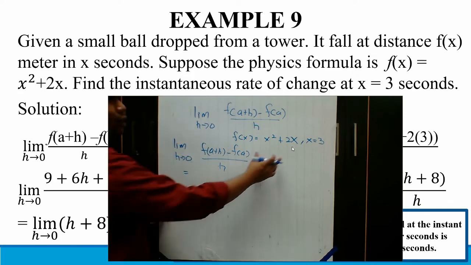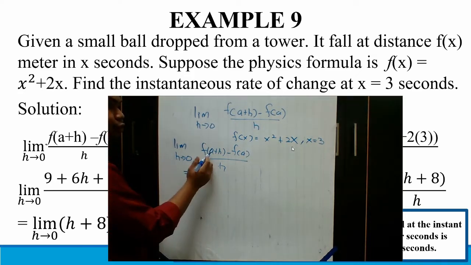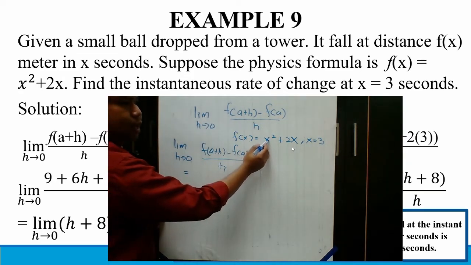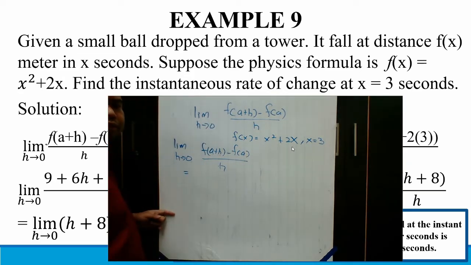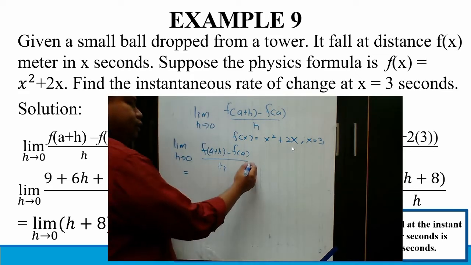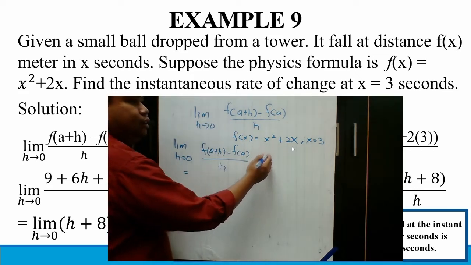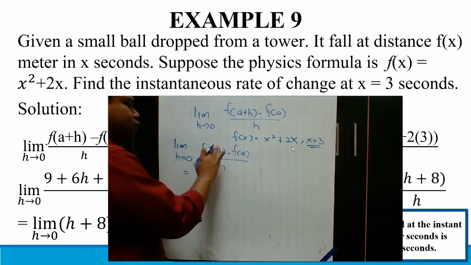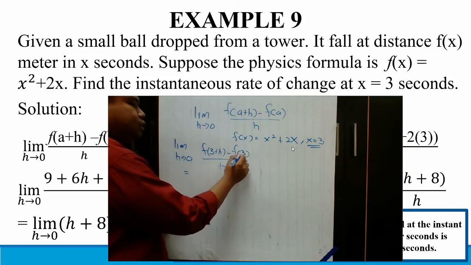If the x value is a plus h, it becomes a plus h. For this case, a is the value x equal to 3, so it is 3 plus h, and this one is 3.